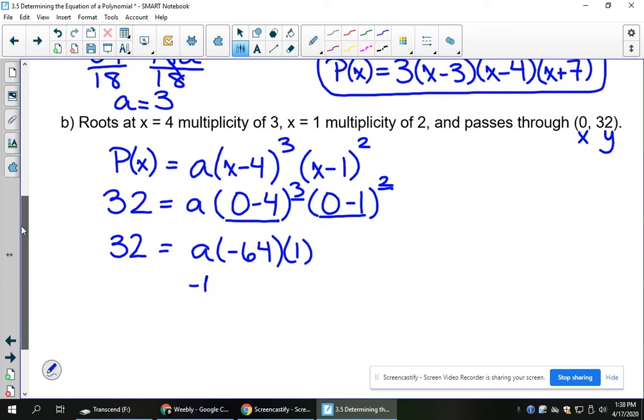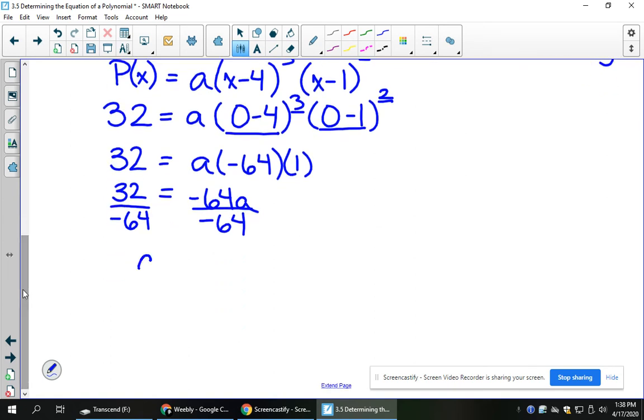So I've got negative 64a equals 32. And if I go ahead and divide, keep your negative, it's important. I'm going to get a equal to negative 1/2. And my polynomial function that I was after the whole time looks like this.